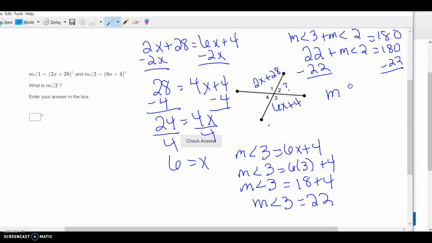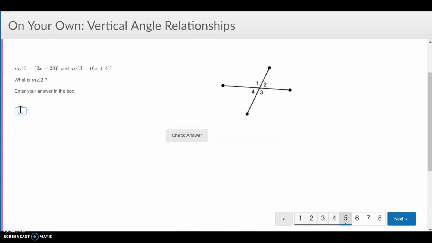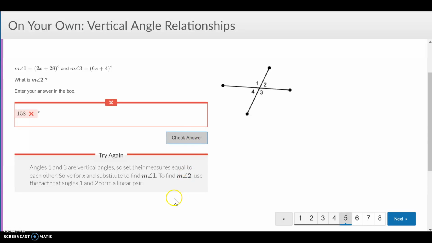And we get the measure of angle 2 equals 158 degrees. So let's see if we're right. Uh-oh. Let's check our work.